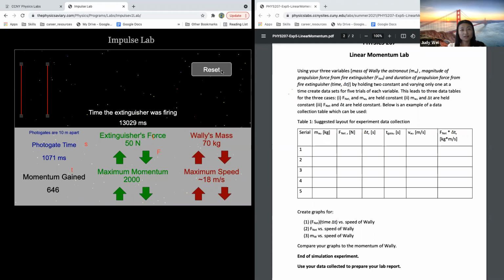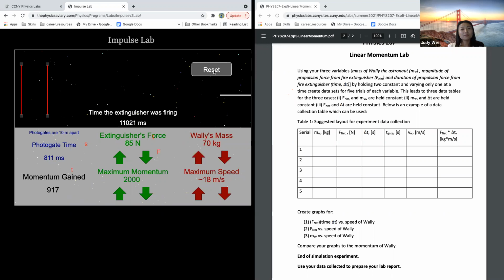Okay, I have to reset. Okay, 55, maybe a little bit more. Okay, 85 is fine. So it's 13 seconds. We try to record a 13,000 millisecond. Again, activate. Try to keep it 13,000. Oh, it's a little bit longer.